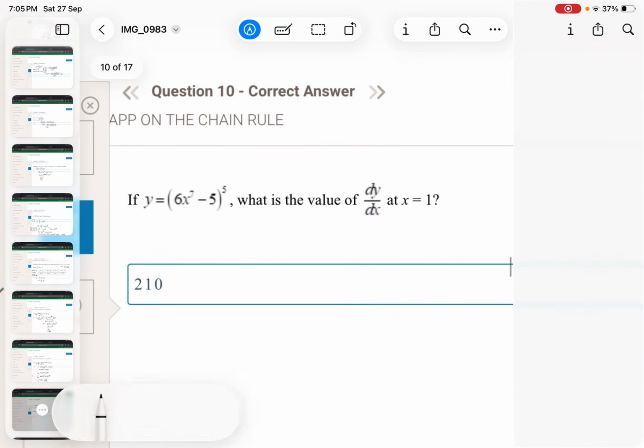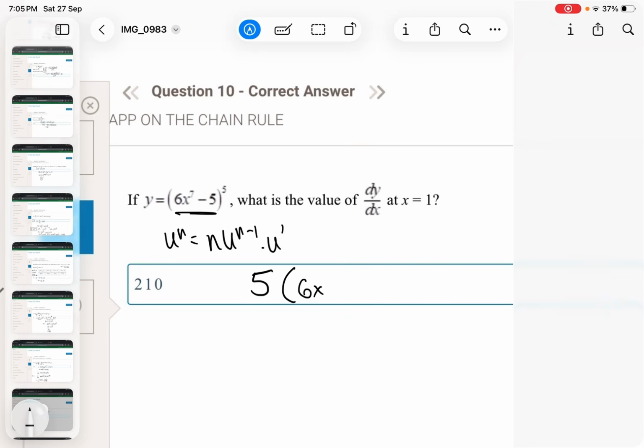Here the same thing, u to the power of n, you know the formula, so just take the 5. u^n equals n times u^(n-1) times u prime. 5 times u, which is 6x^7 minus 5, to the power of 5 minus 1, which is 4, times u prime, which is 7 times 6, which is 42x to the power of 6, because you do 7 minus 1, you get 6.